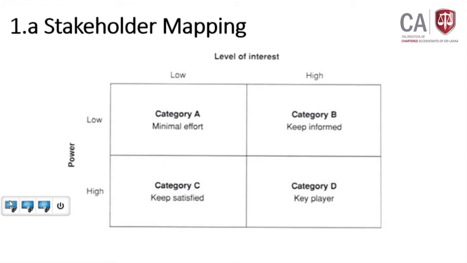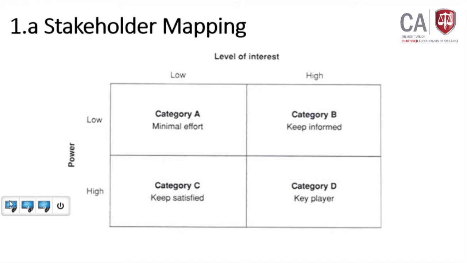Therefore, we have to be careful in managing this category C group. What we have to do is satisfy the requirements of category C; that is the ideal strategy for them.